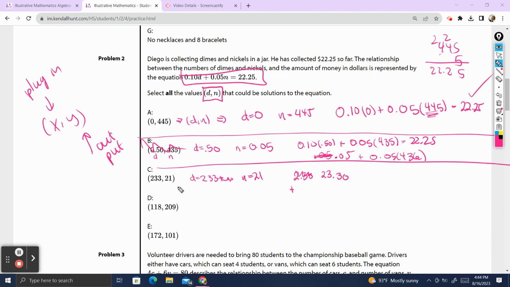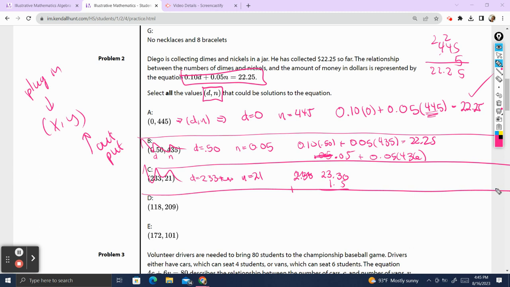Plus 21 nickels. So it's 21 times 0.05. How many cents do we have? We're going to have $1.05 because 20 nickels make up $1. So we're going to have an extra $1.05. When we add together, that's not going to get us to 22.25. So we're done.